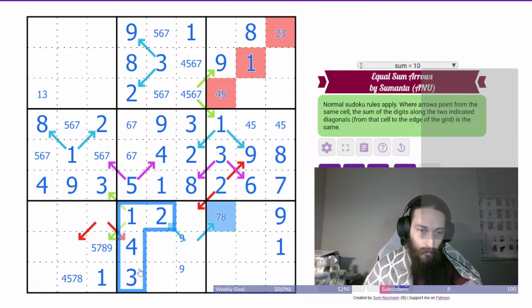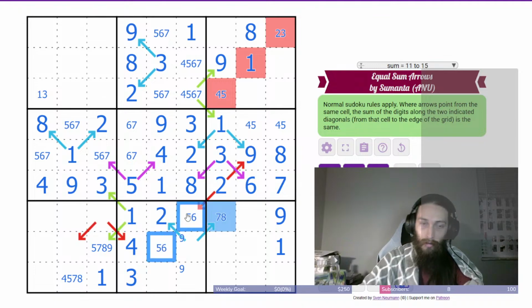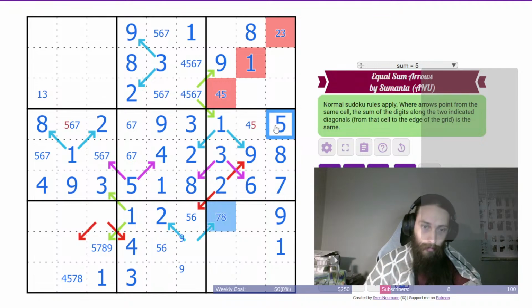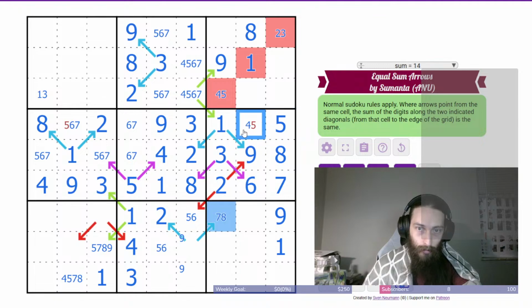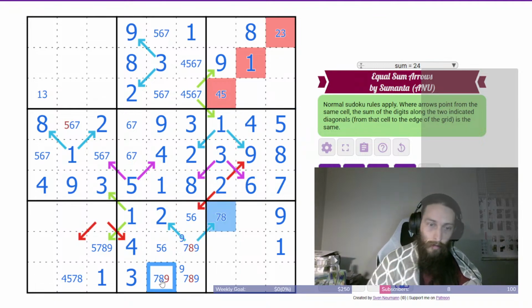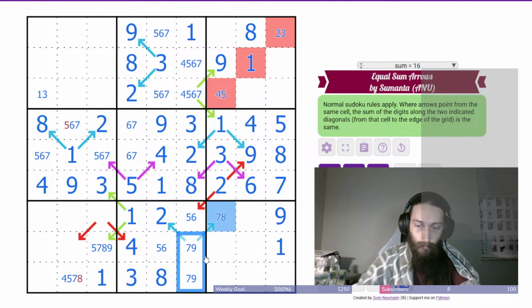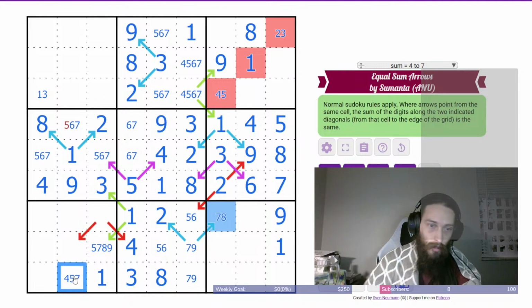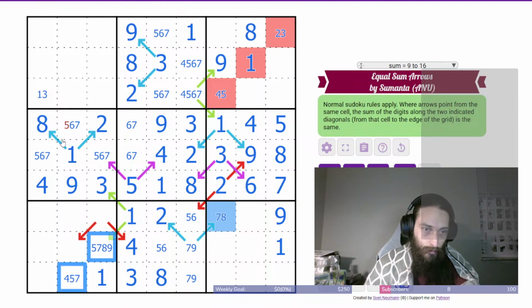It can't be 10 because all of our small digits are out of the way. This has to be a 5, 6, which means this has to be a 5 to make 14. Right. And we've got 7, 8, 9, where this is an 8 and this is a 7, 9 pair. This one, not an 8. And these are 12.